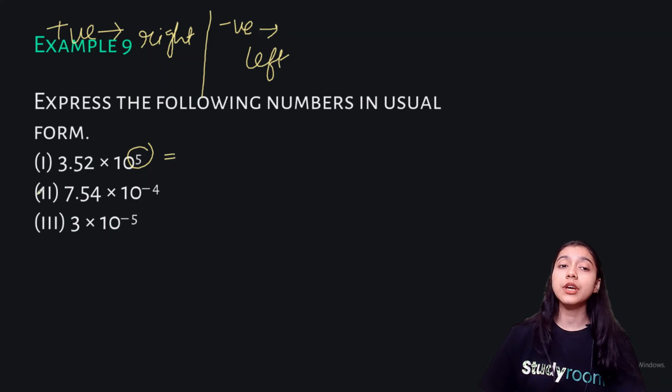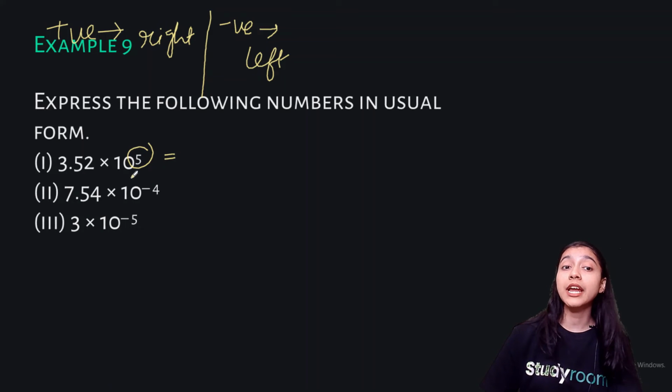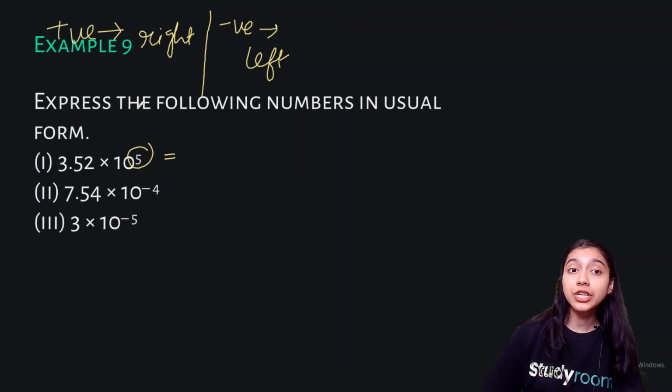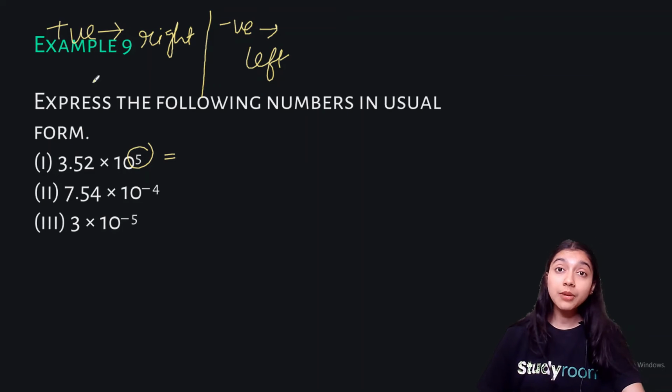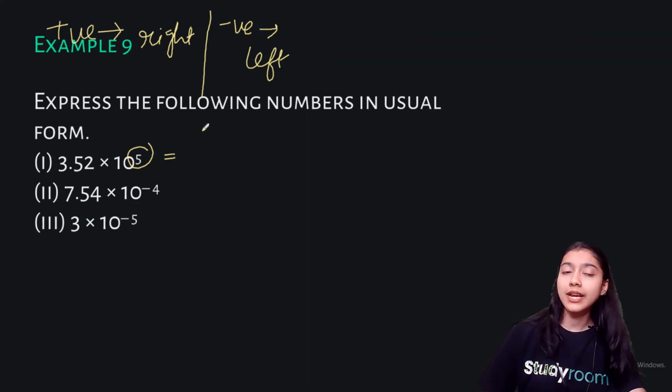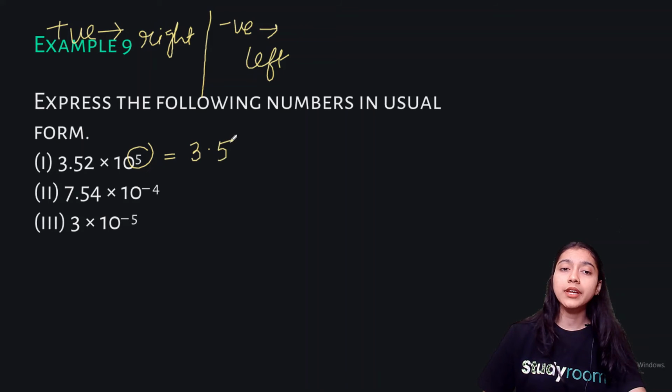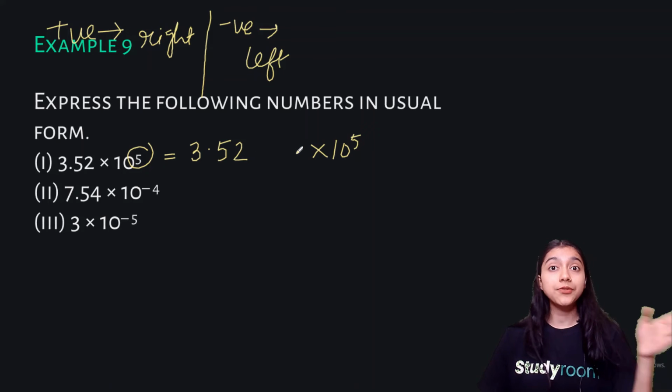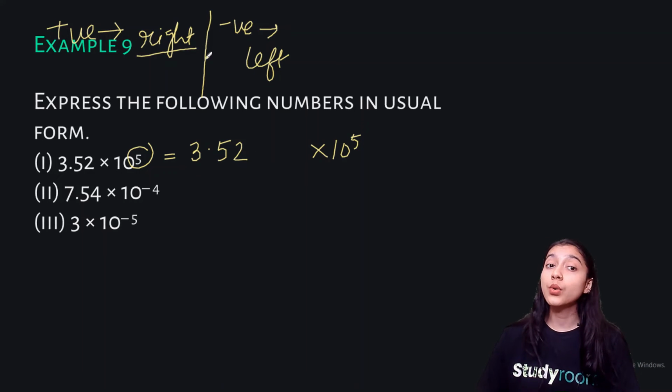So in the first question, we have 3.52 multiplied with 10 to the power 5. The power over here is positive. So we'll be moving the decimal place towards the right hand side. Now this 10 to the power 5 means that we have to shift the decimal place 5 places towards the right hand side.